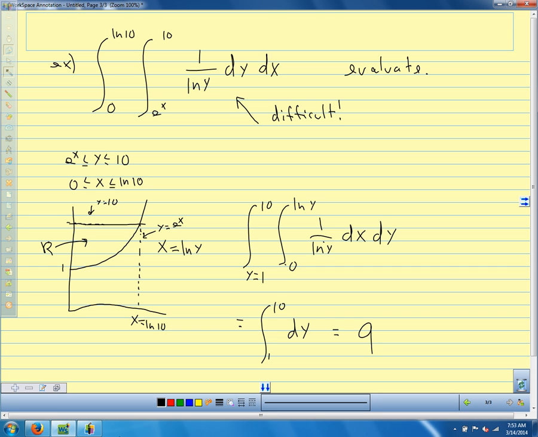Isn't that interesting? That's one of the properties of the natural log function: if you have equal intervals, it doesn't matter where you integrate, you get the same area.